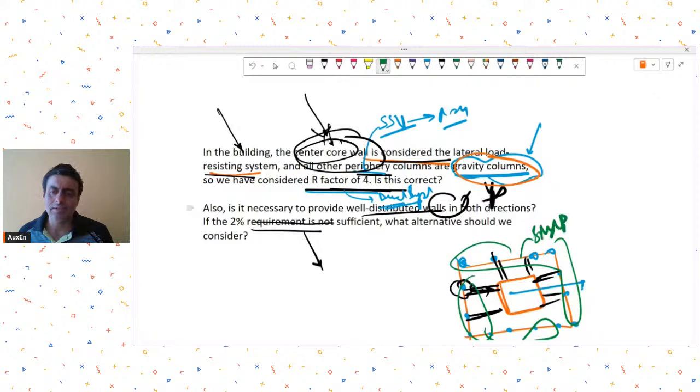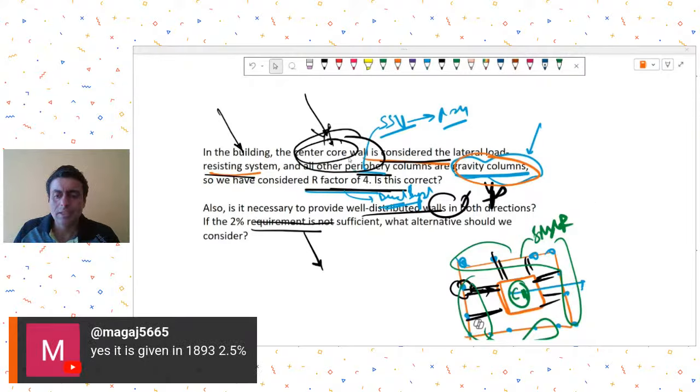So have this as an SMRF and have this as a central core wall. This is okay, but just having gravity columns on the periphery and centralized core walls is not a very good system.